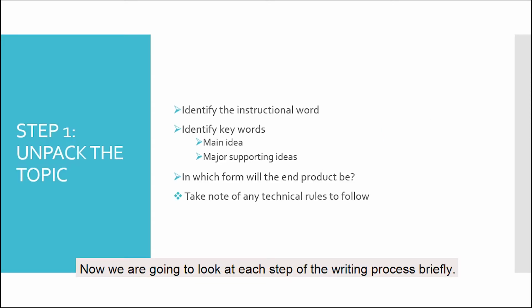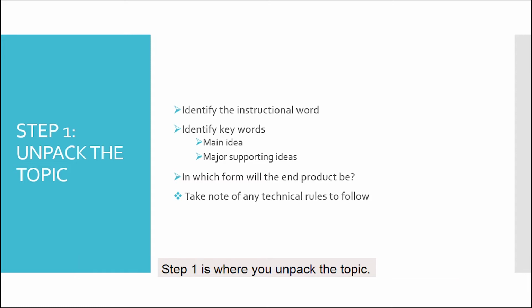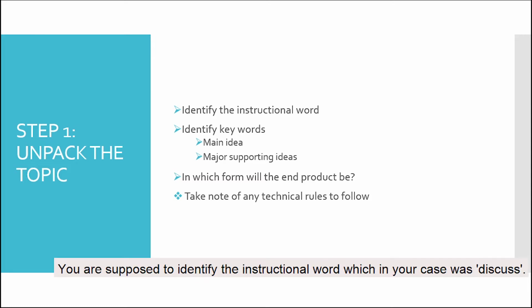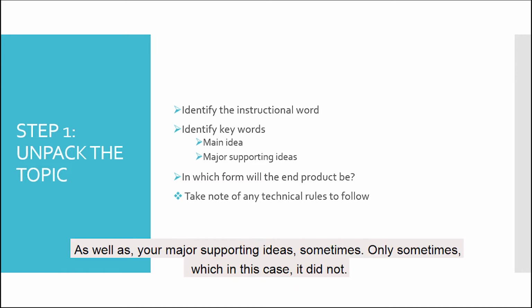So now we're going to look at each step of the writing process briefly. So step 1 is where you unpack the topic. You are supposed to identify your instructional word, which in your case was discuss. You are supposed to identify the keywords, which will give you your main idea, as well as your major supporting ideas sometimes, only sometimes, which in this case it did not.